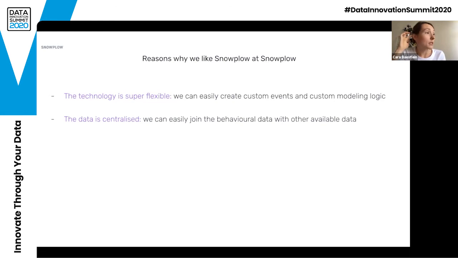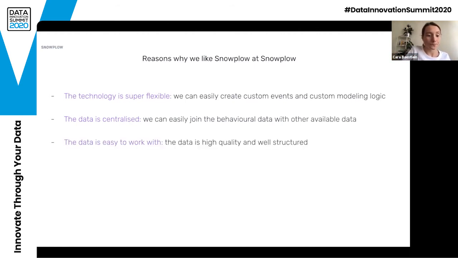As I mentioned earlier, for example, we get our support ticketing data from Zendesk, and we get that into the Snowplow pipeline as well. So we're able to really easily join data sets from different places, and that's super important, especially when you have a B2B, more complicated product. It's really important to be able to look at a single customer across all their touch points and understand what's going on. So for us, this is a big plus.